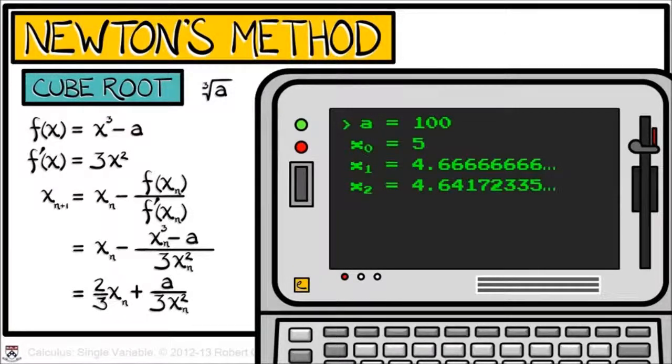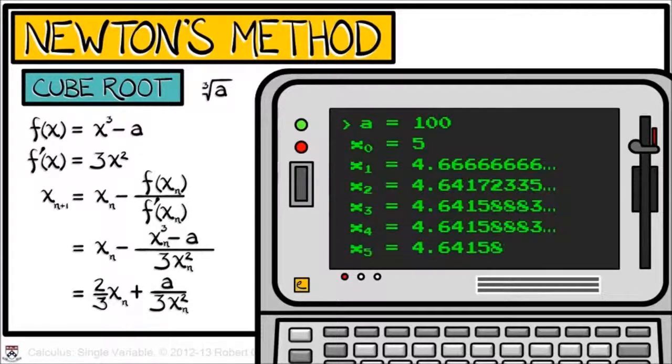And then doing the computations gives a value that seems to be converging extremely quickly. Even after 3 steps, we've got as many digits of accuracy as represented on this computer. So what we see is that sometimes Newton's method converges very quickly.